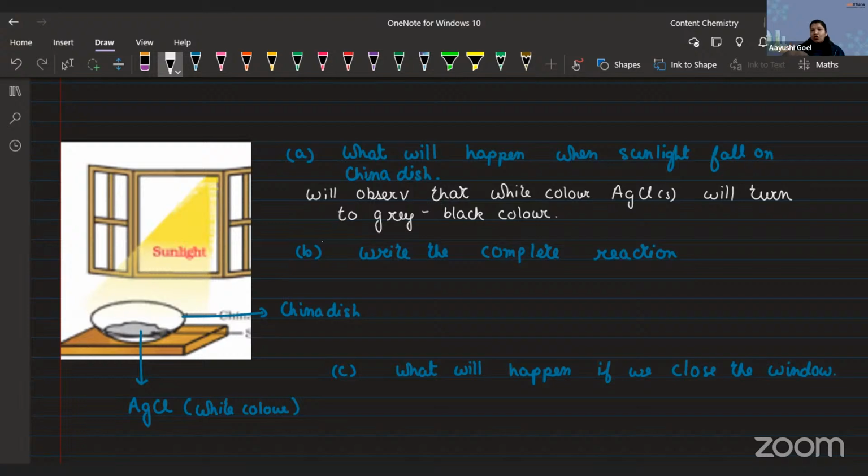They were just asking what will you observe here? So in this case, I will just observe this portion. And if it is a proper 2-mark question, then I can write that this is a photolytic decomposition reaction.